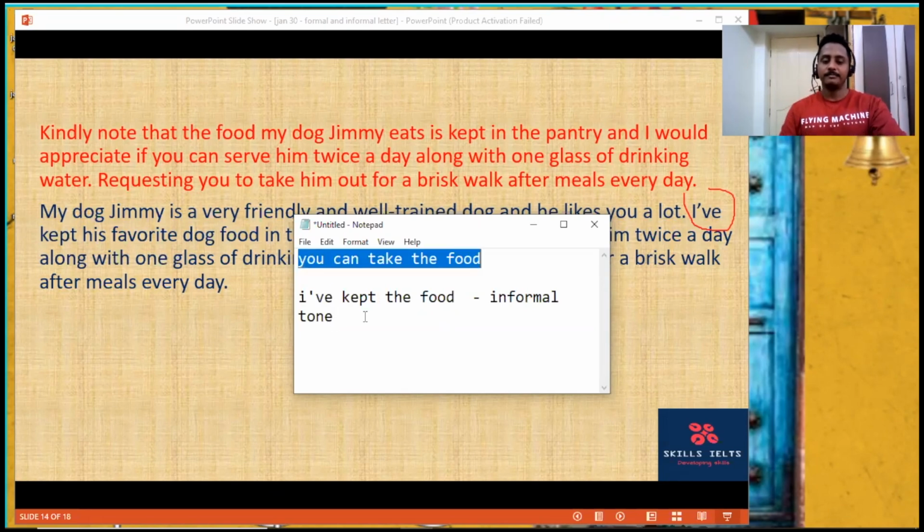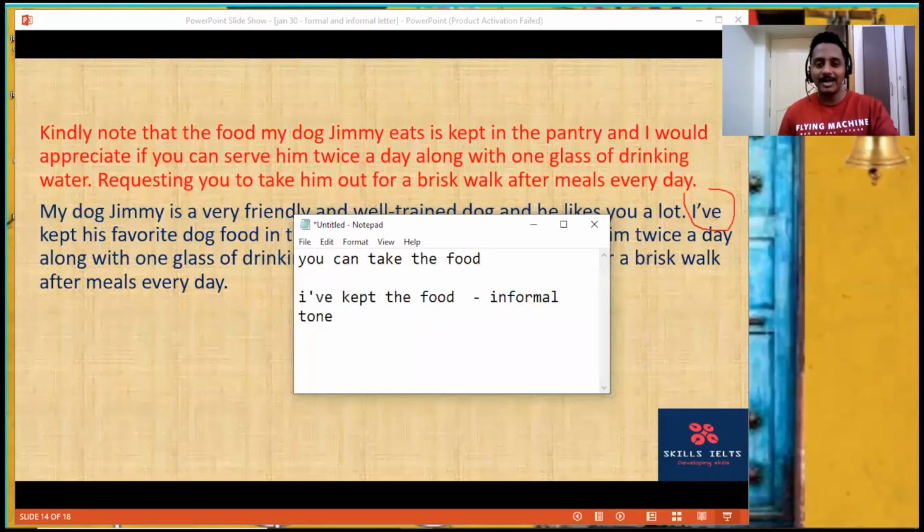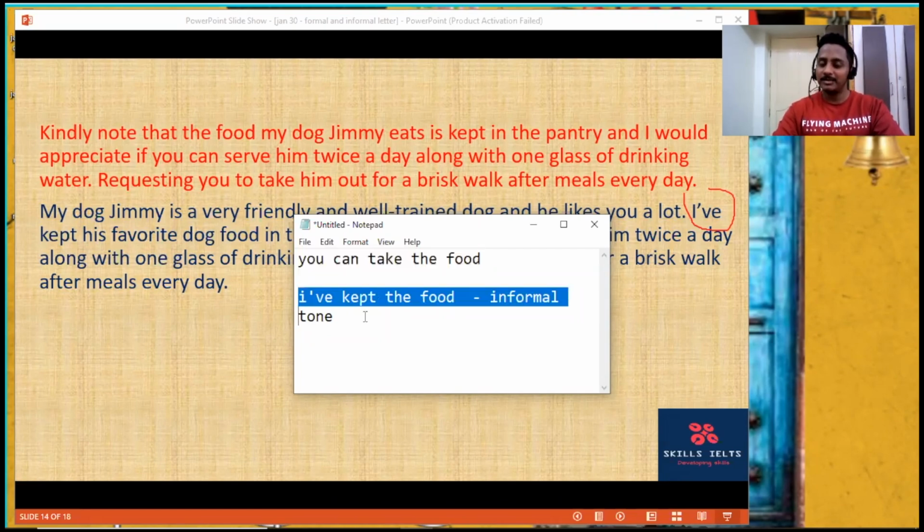People write, you can take. Nope, you can write that, but here when you write, I have kept, then you remove this, you would know you have already used the contraction. Informal, you have the marks for that. This is a tone, not all the time. Getting it? Sometimes you have to use like this, sometimes like this. But whenever the situation demands, whenever the situation needs it, start using contractions.